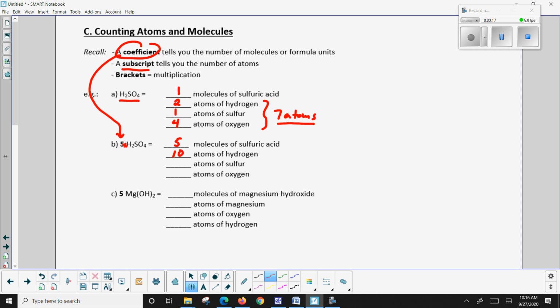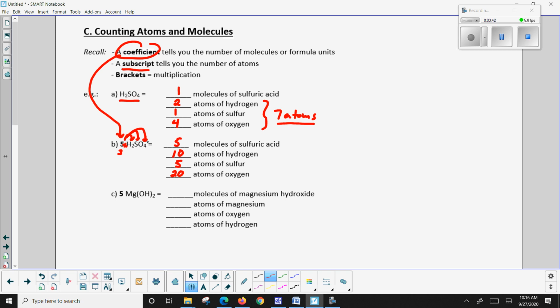Similarly with the sulfur, not 1, it's 5 times 1, so 5. And finally with the oxygen, you're going to have 4 times 5, or 20 atoms of oxygen. So be careful with the coefficient. It's almost like the distributive property in a way, like in math, where you have to multiply 5 times each of these atoms. Now where you have to be careful is when you've got brackets.